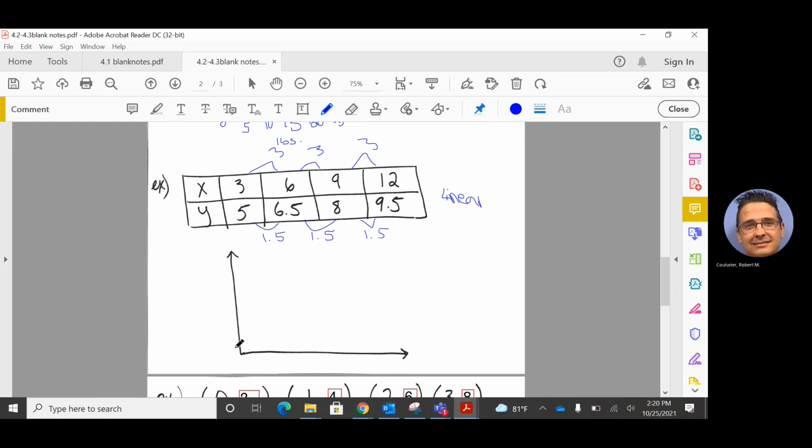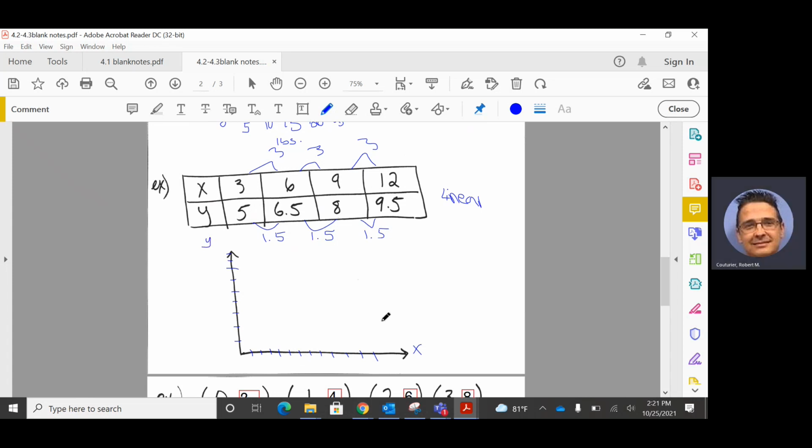Our y's, I'm just going to go 1, 2, 3, 4, 5, 6, 7, 8, 9. 9.5 would be up here. All right, so these are the x's. Across here is your x-axis, your y-axis.